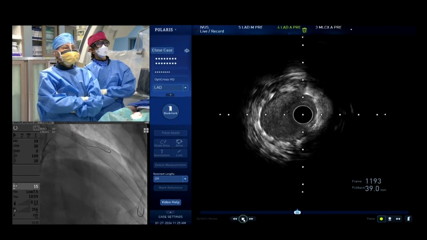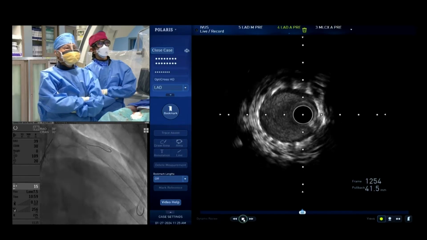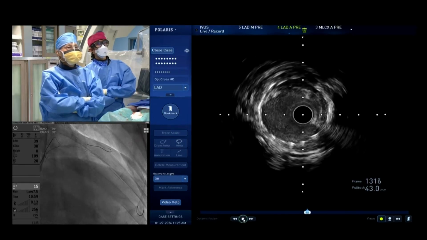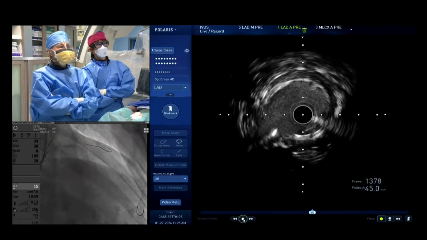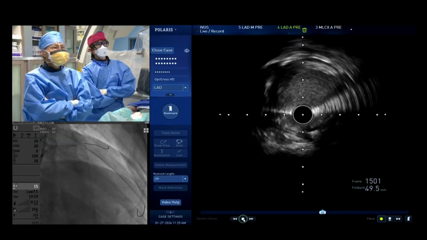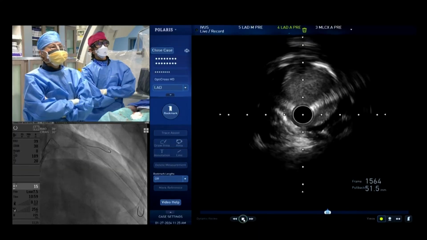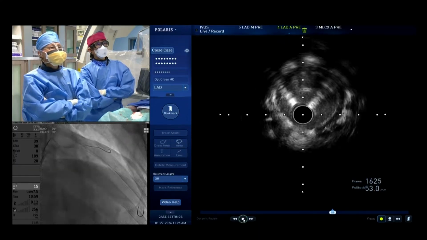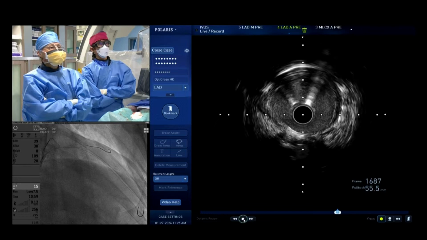So this is the distal stent edge of the bare metal stent. You can see at least up to the point of entry of the diagonal. You can see the diagonal wire coming in. The stent is actually fairly okay. But proximal to the stent edge, there's a little bit of ISR, and you can see that little flap coming at about 12 o'clock.